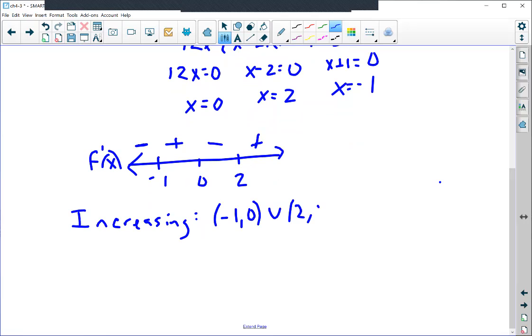It's also increasing from 2 to infinity. We use the parentheses here because technically at -1 and at 0 and at 2, it's not increasing or decreasing at that point.